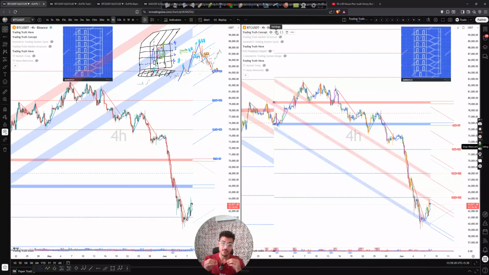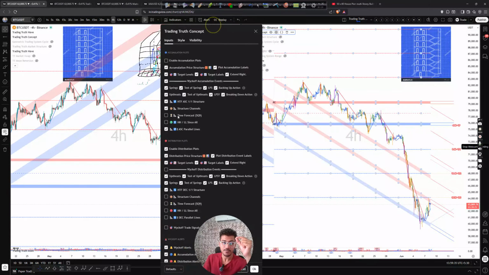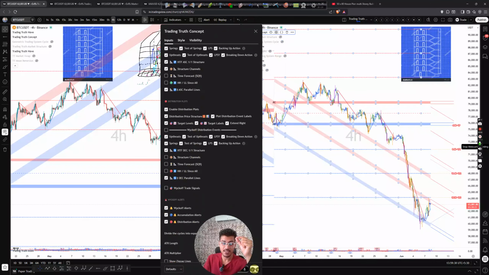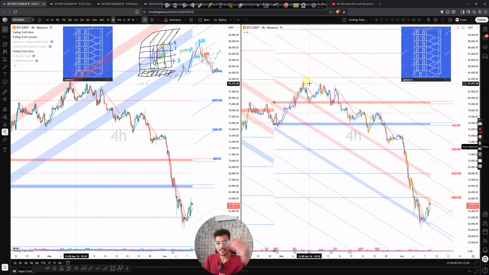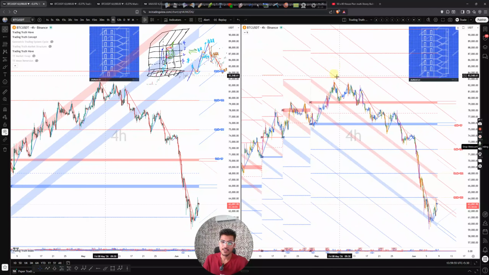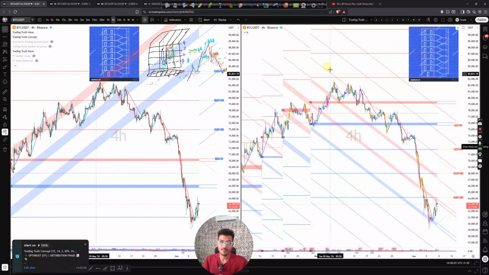They are in the market whether you believe it or not. That's why I call it the trading truth concept. Trading truth, because as I add parallel lines, you will see that it is following that slope, that descending trend line, that downward staircase. As it hit that, it came down like that.